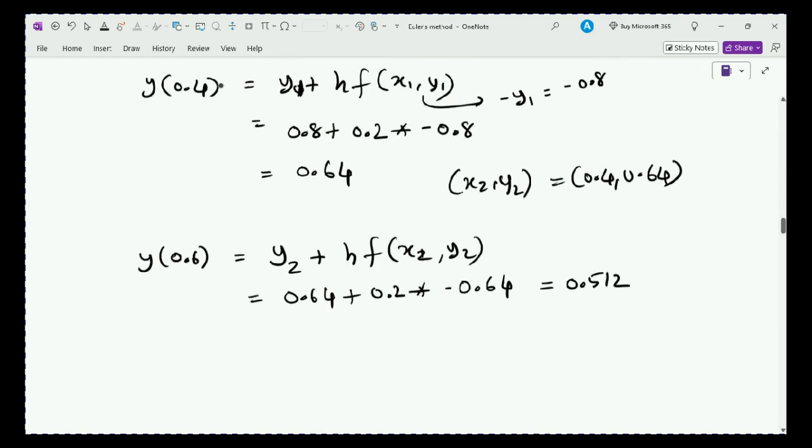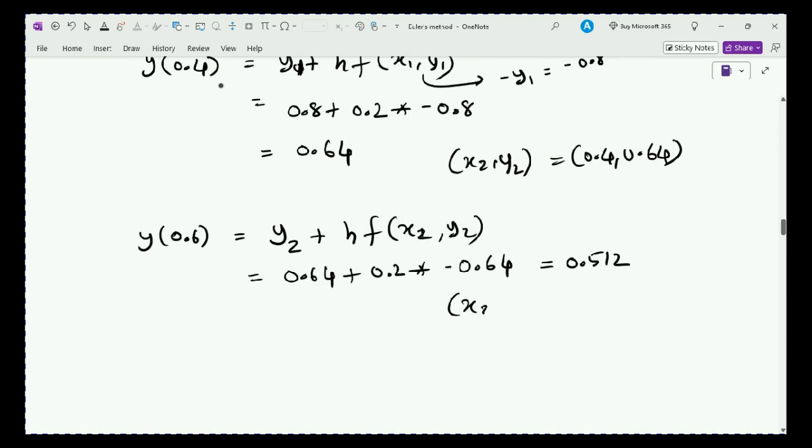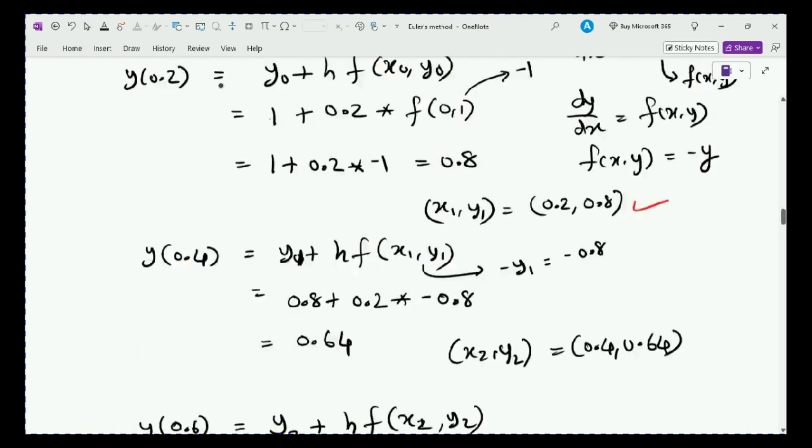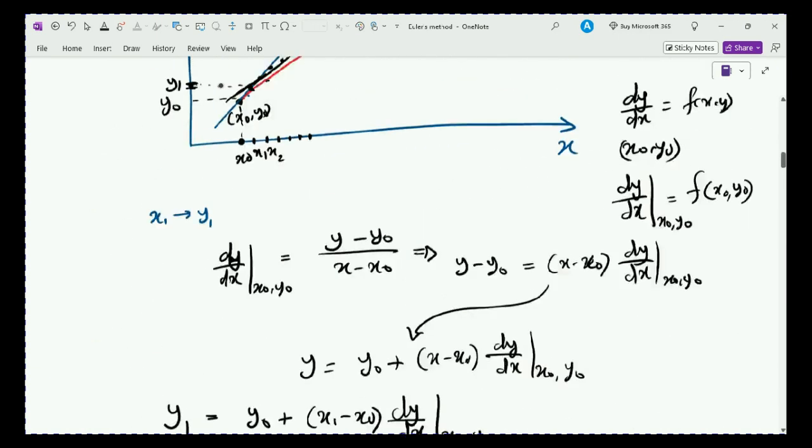So we have x3 y3, which is 0.6, 0.512. In the same fashion you can also do 0.8. I will not do it here. When you do that, you get x4 y4 equal to 0.8, 0.4096. So we basically got all these values.